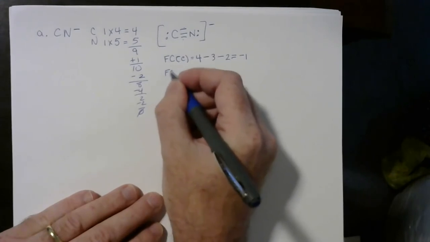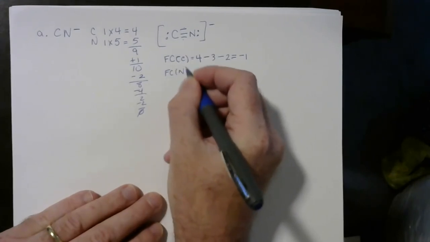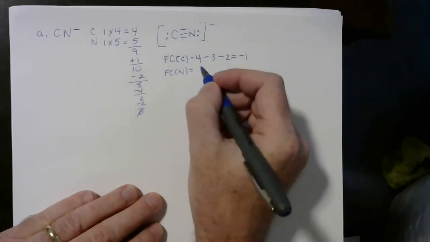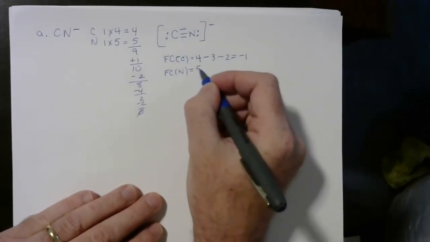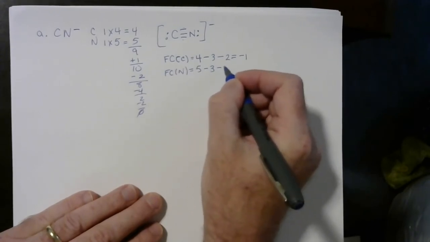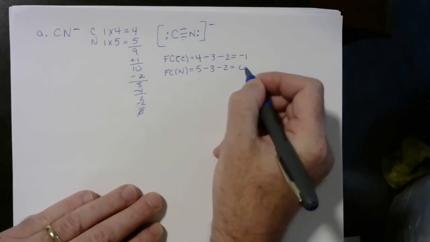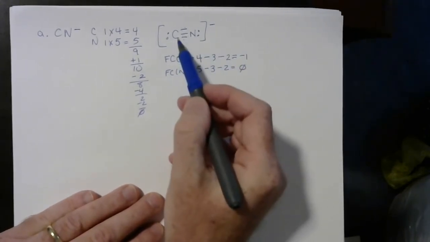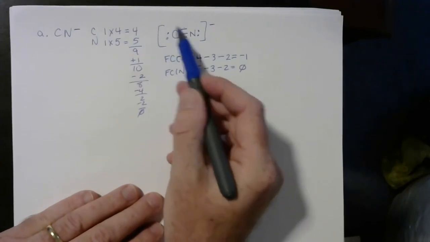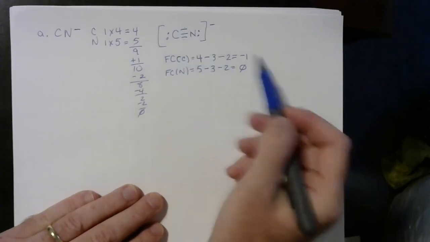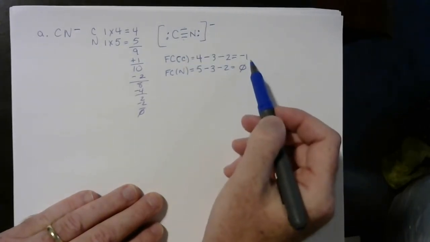The formal charge on the nitrogen will be pretty much the same calculation because you've got the same bond and same non-bonding pairs, but you start with 5 electrons instead of 4. And so you get a 0 formal charge on the nitrogen. Now notice, I told you in the previous Lewis structure presentation, carbon likes to have 4 bonds, but in this case it's only got 3 and it's carrying a negative 1 formal charge.